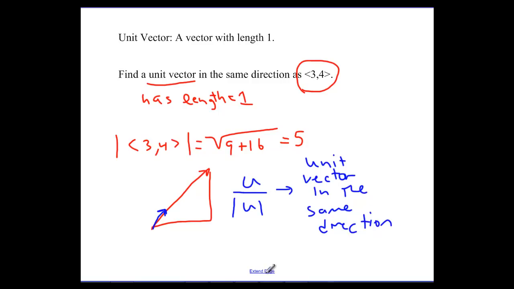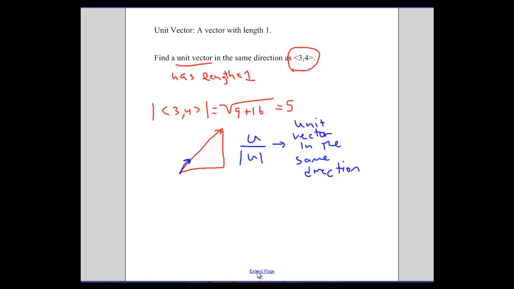So for this particular problem, we're just going to take 3, 4 and divide it by its magnitude, which is going to give us the vector 3/5, 4/5.